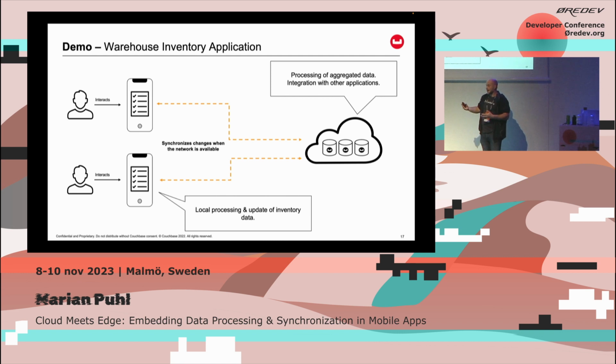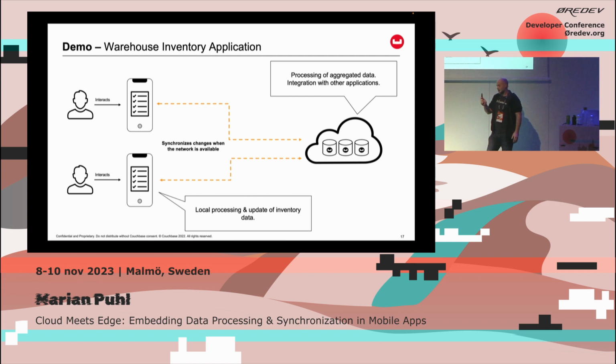For example, I can integrate this to make sure that you order sufficient amounts of certain items once they run out of stock in the different warehouses. So you have all the processing and analytics capabilities that you need in the cloud, like aggregating across all the warehouses.